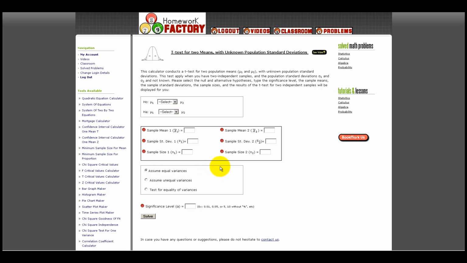There are other strange assumptions sometimes that some old-fashioned professors use: when you have a large sample size, they use a formula that assumes unequal variances, and they use the so-called conservative number of degrees of freedom.